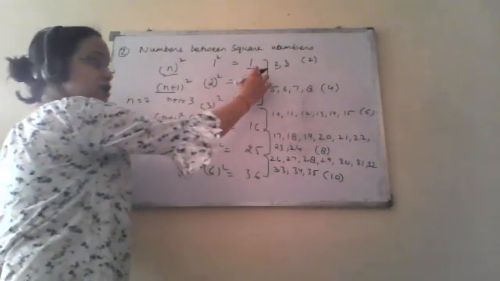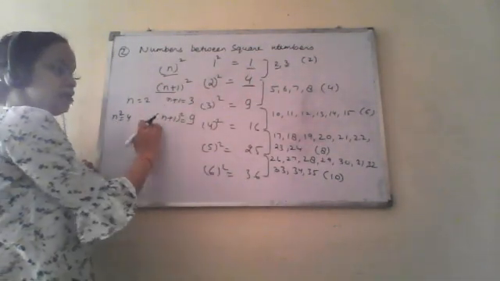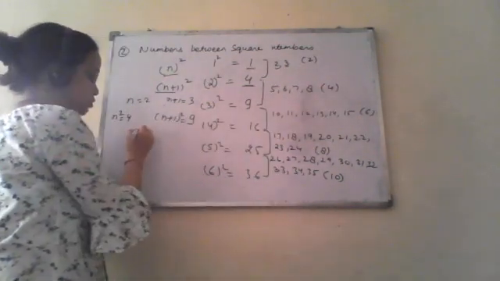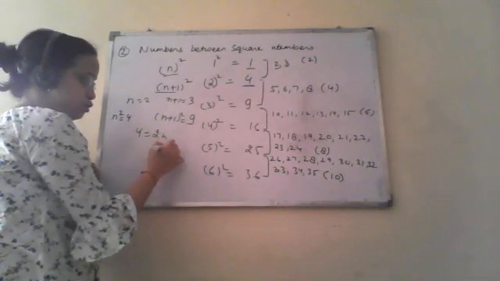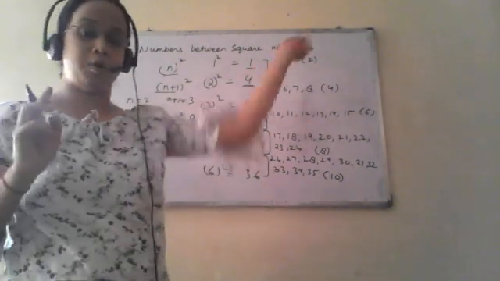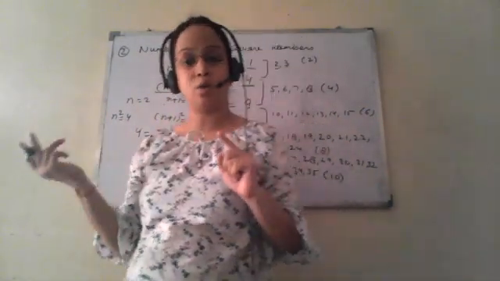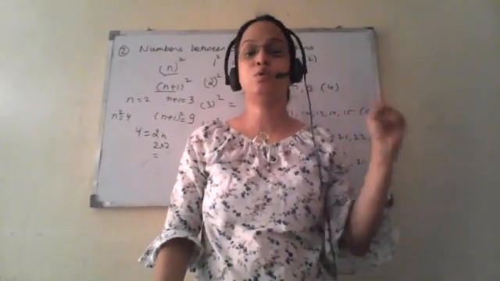So how many non-square numbers are between n squared and (n plus 1) squared? This is 4, and this 4 is equal to 2n, that is, n equals 2, so 2 into 2 equals 4. So the main point is, between n squared and (n plus 1) whole squared, there are non-square numbers equal to 2n.